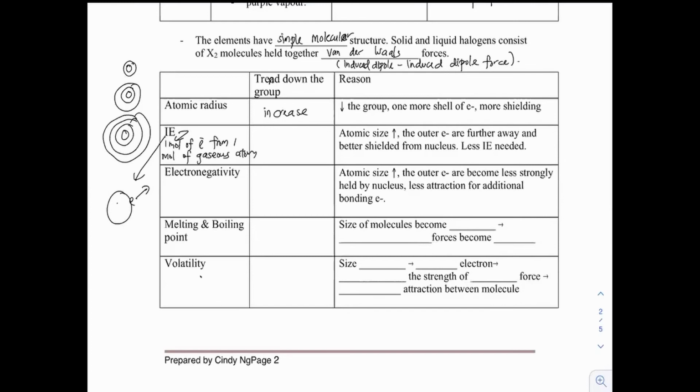So as the atomic size increases, the outer electrons are further away and better shielded from the nucleus. So therefore, less ionization energy is needed. As the size is getting bigger, it is easier to remove the electron. Hence, the ionization energy decreases.